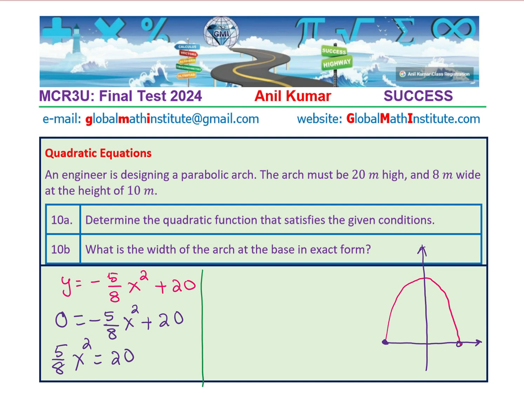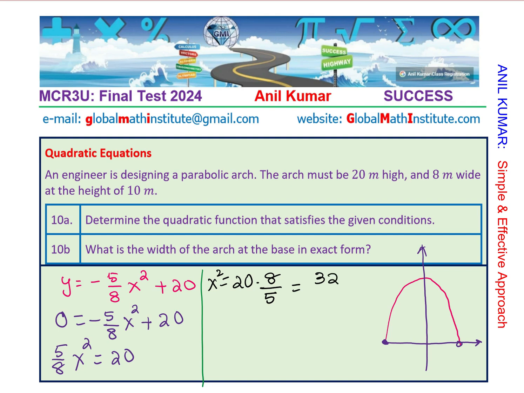So we can say x square equals to 20 times 8 by 5, which is 4 times 8, right? 4 times 8 is 32. So x is equals to plus minus square root of 32.